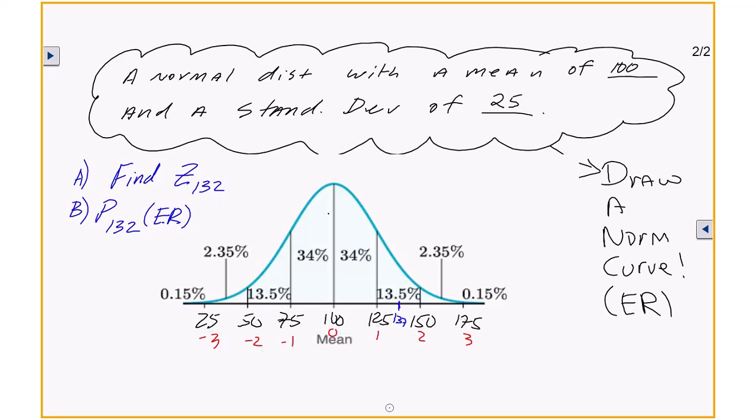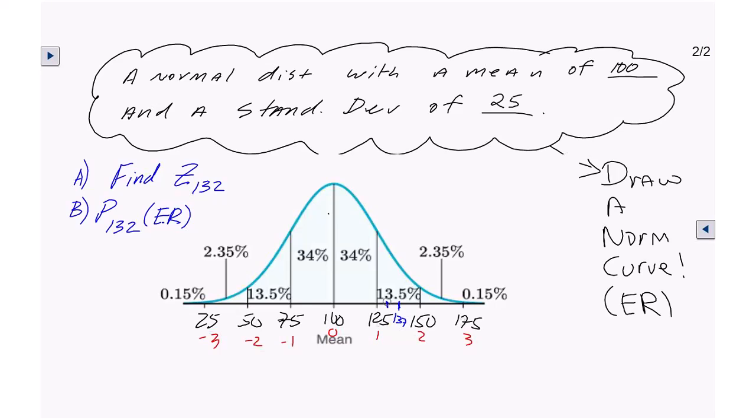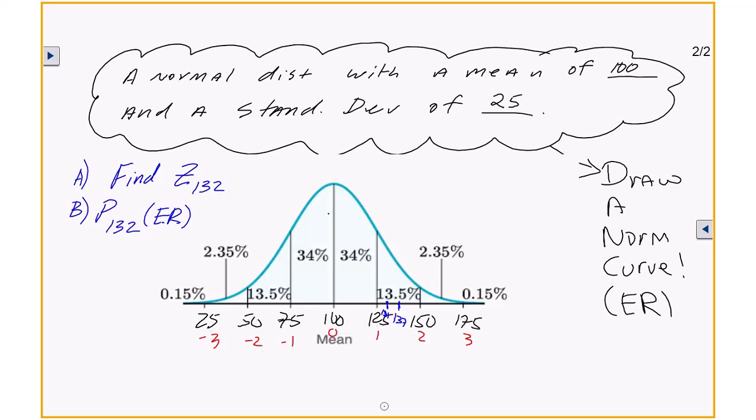Now you could keep interpolating, finding the middle of the middle of the middle. We know that half of 12 is 6. So that would be 131 right about here. Everybody with me? So there's 131, so 132 would be right in here. So there's 132.